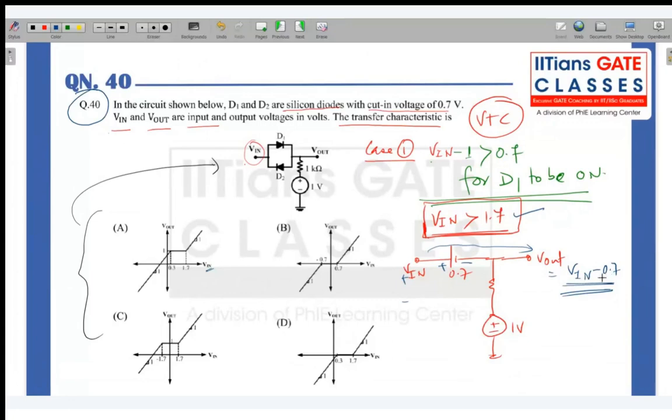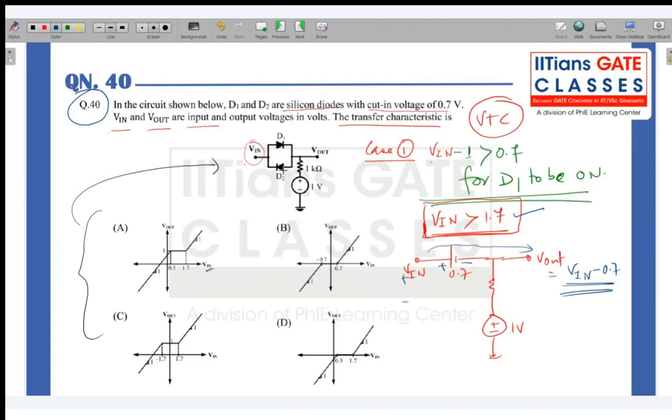Now, can we go ahead and talk about D2? For the second case, if V in is positive in the positive half cycle, D1 is on. Now let me take the second case, the negative half cycle.